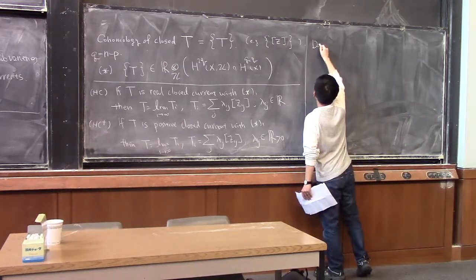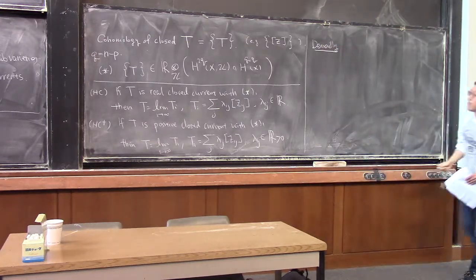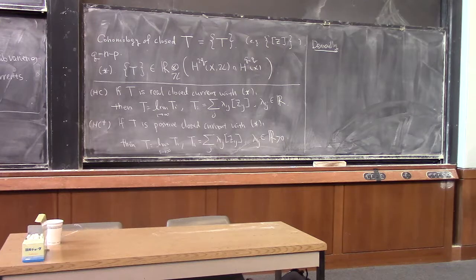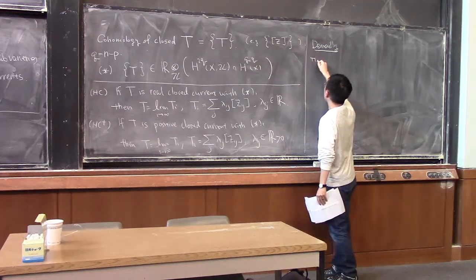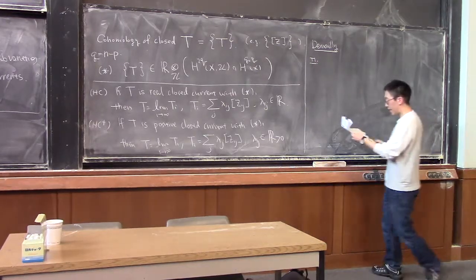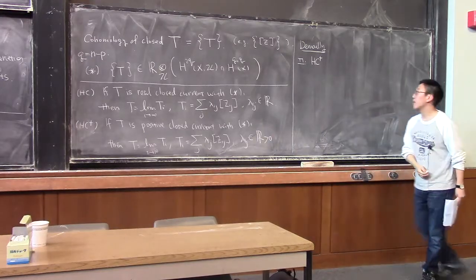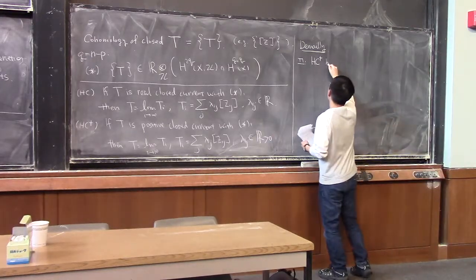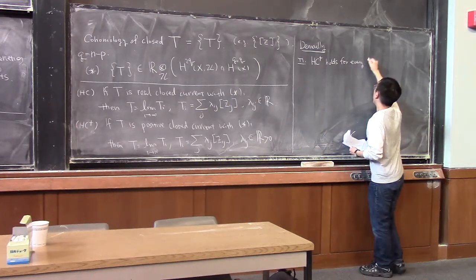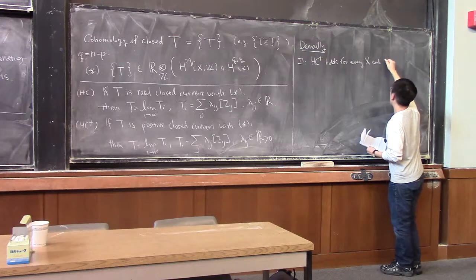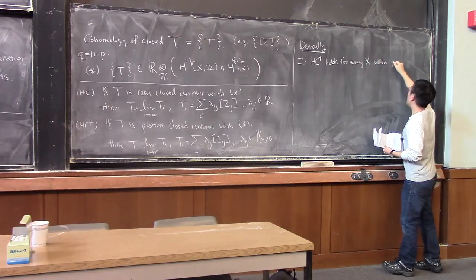So Mai proved a sequence of very beautiful statements regarding these approximation problems. And the first thing he proved is that this positive approximation problem holds for every X when my p is n minus 1.